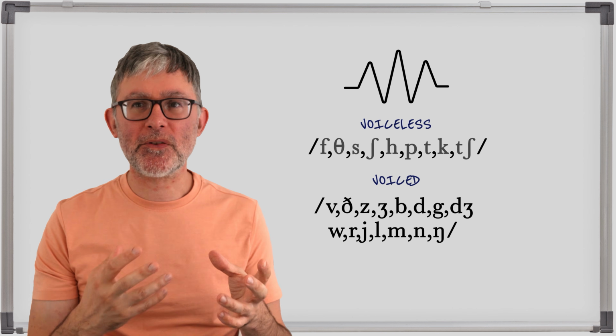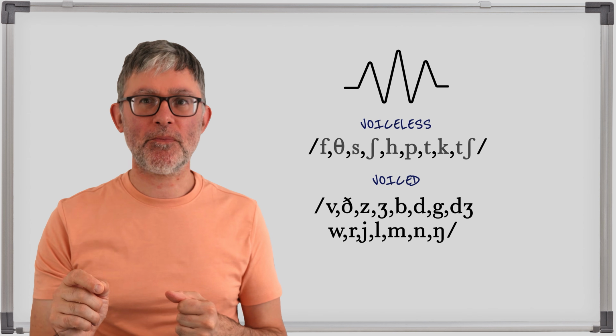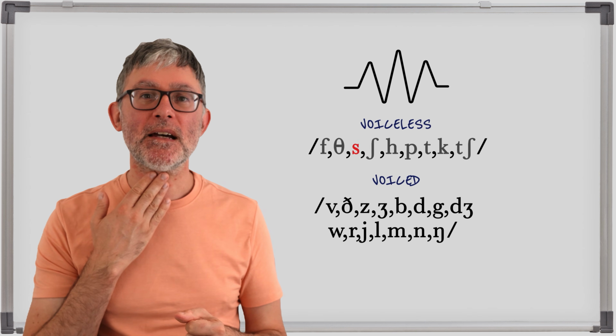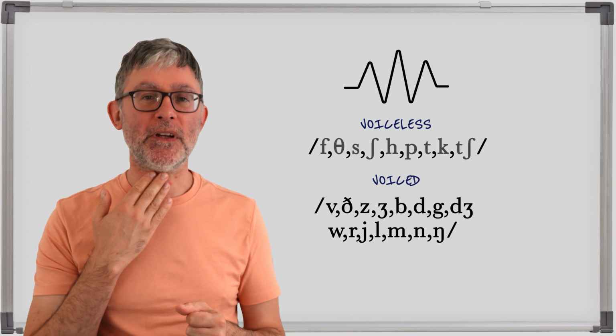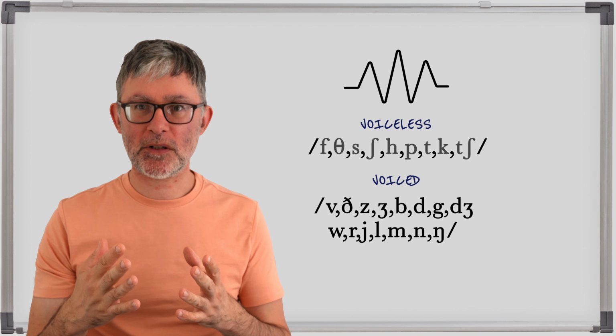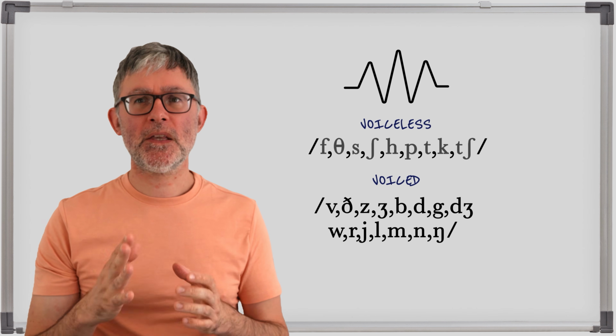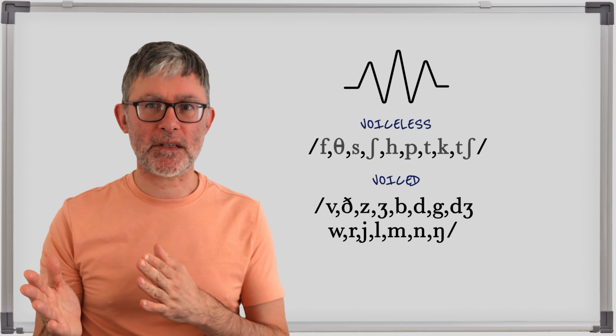As we speak, we are constantly starting and stopping this voicing. For a simple example, compare s and z with your finger on your throat. You'll notice that s has no vibration, whereas z has a lot of vibration. It's voiced. So consonants are either voiced or voiceless.